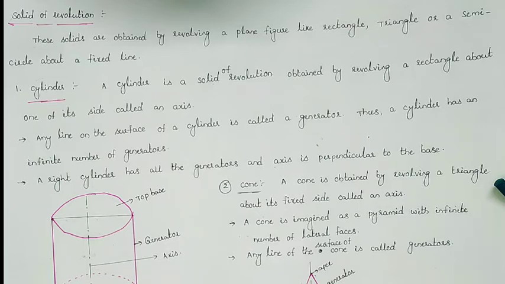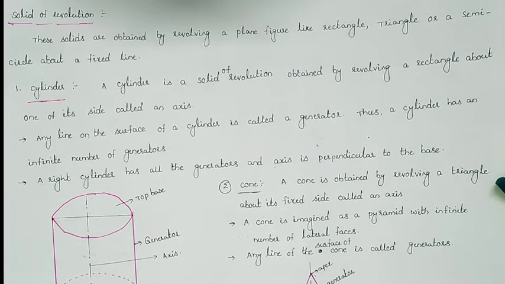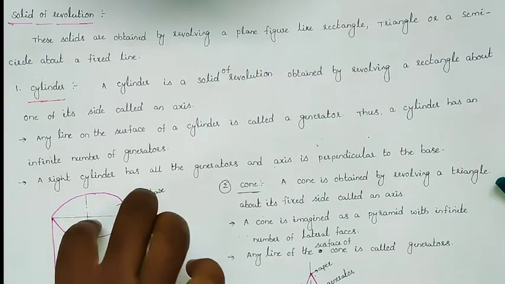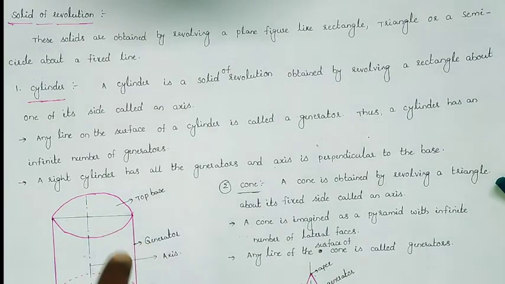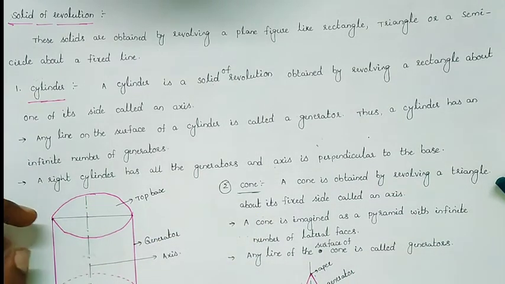So what do you mean by the cylinder? A cylinder is a type of solid of revolution obtained by revolving a rectangle about one of its sides. This is an example for the cylinder.